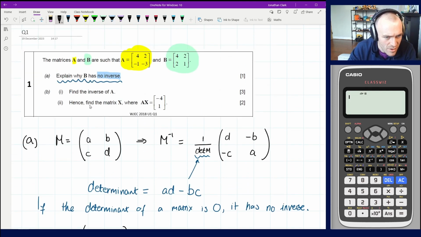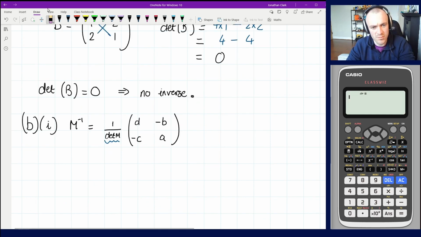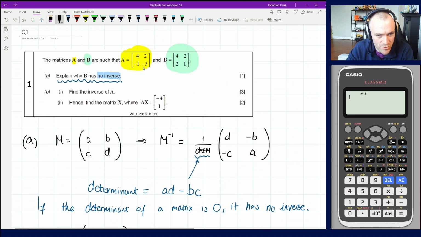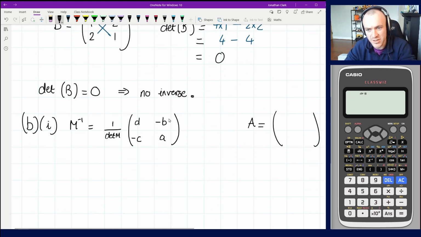Part b part 1 then, it's a 3 marker. It's asking us to find the inverse of the matrix A. So that's the general formula for an inverse matrix. We are being asked about the matrix A, which I need to remember is the matrix 4, 2, -1, -3.